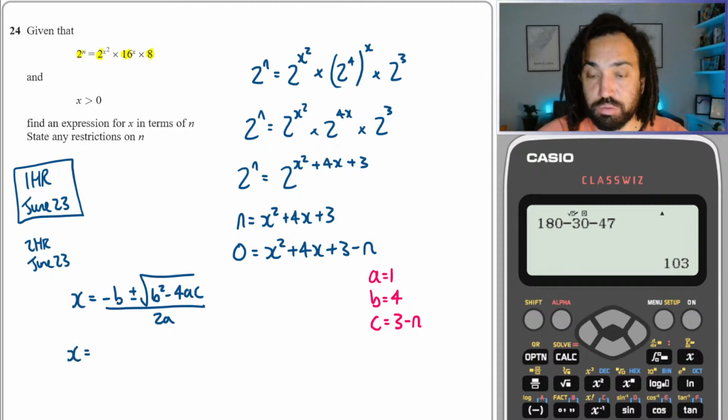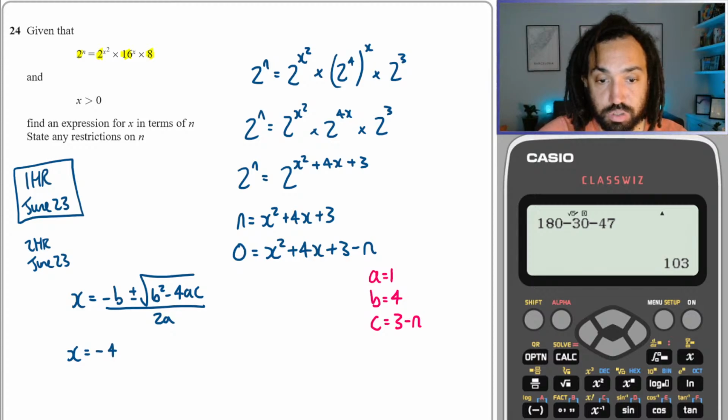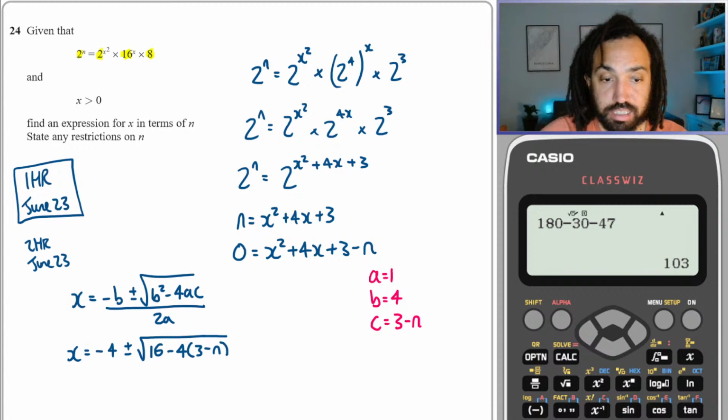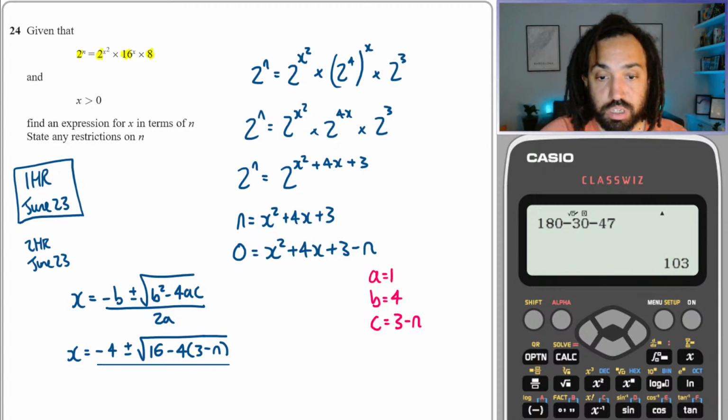So x is equal to minus 4 plus or minus the square root of 4 squared is 16 minus 4 times 1, don't need to write that down, times 3 minus n, all over 2a, which is just 2.